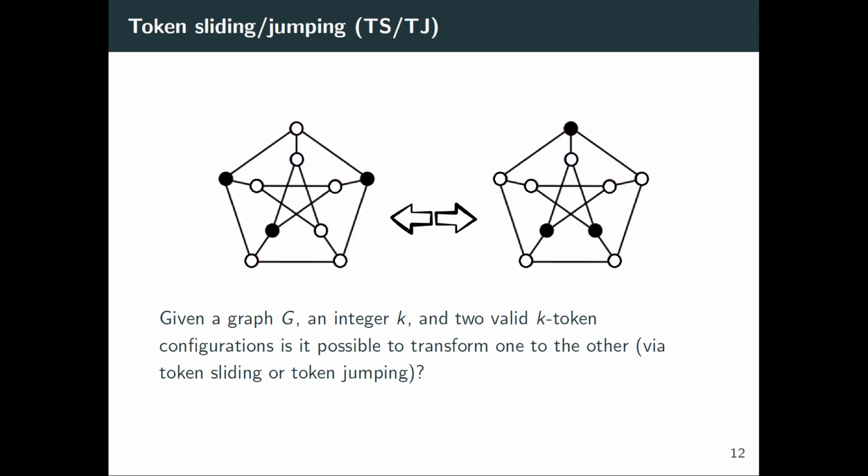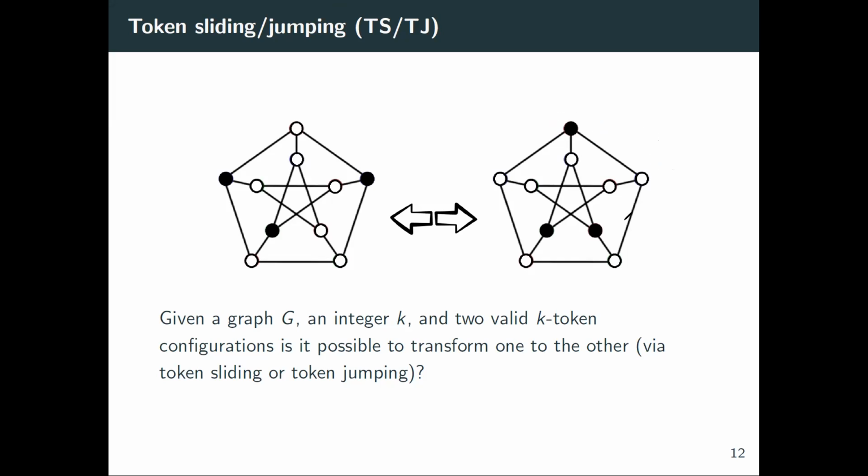So the first rule is what we call token jumping. So you are basically allowed to take any token on your graph and jump it to any other vertex on the graph, assuming that it doesn't have a token and that you maintain an independent set at all times. So for example, in this example that I have here, it would be perfectly okay to take this token here and jump it to this vertex here.